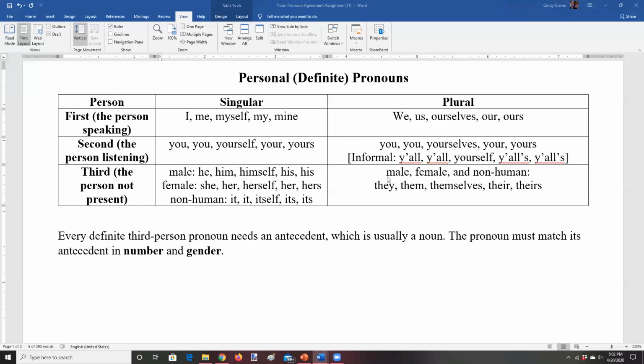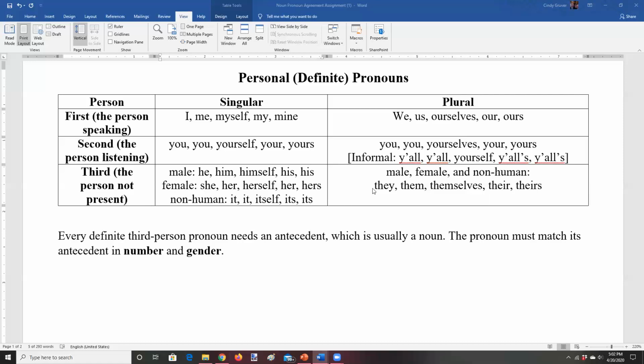Or it could be a mixed group, men and women in a group. Or it could even be men and objects, or women and objects, or men and women and objects all together. So you can have all levels of mixing of male, female, and non-human when we use the plural third person.